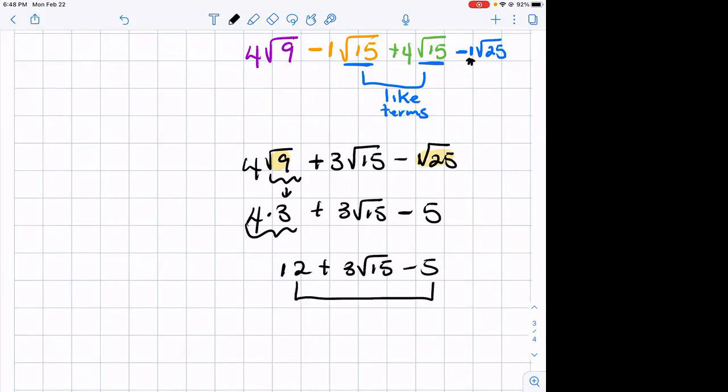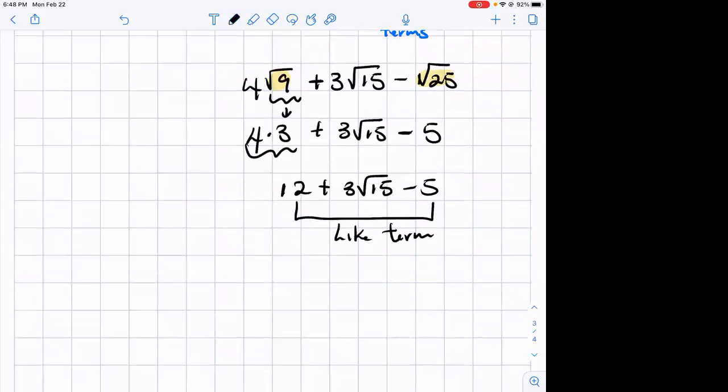And here we have like terms again. So finally, we have 12 minus 5, which is 7, plus 3 root 15.